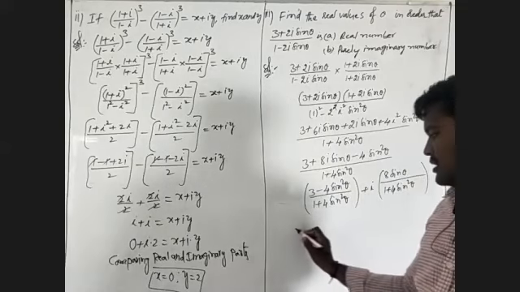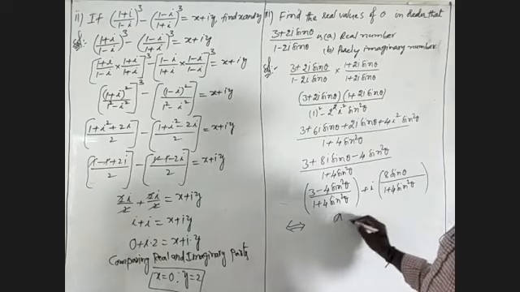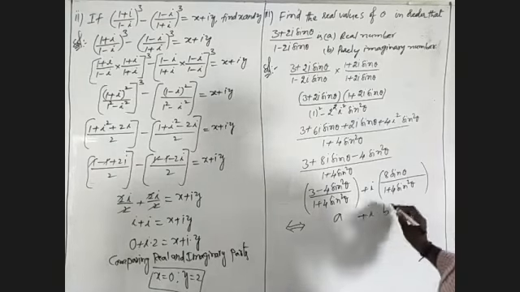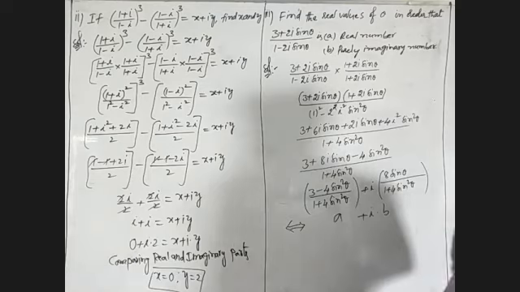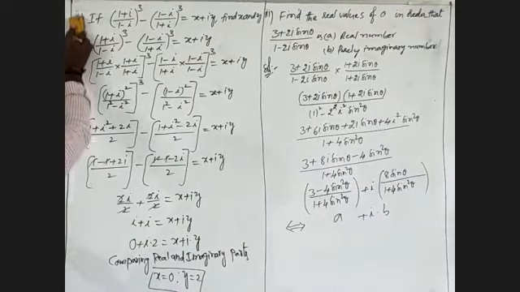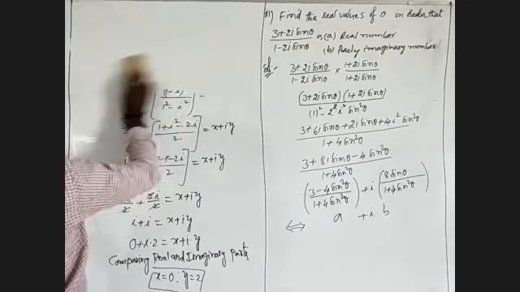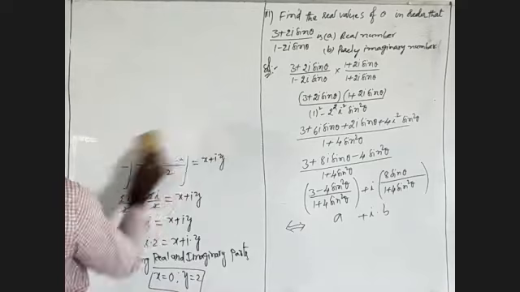We'll observe. This we have to compare with a complex number a plus ib. We know the values a and b. After that, two statements are given: one is a real number, another one is a purely imaginary number.